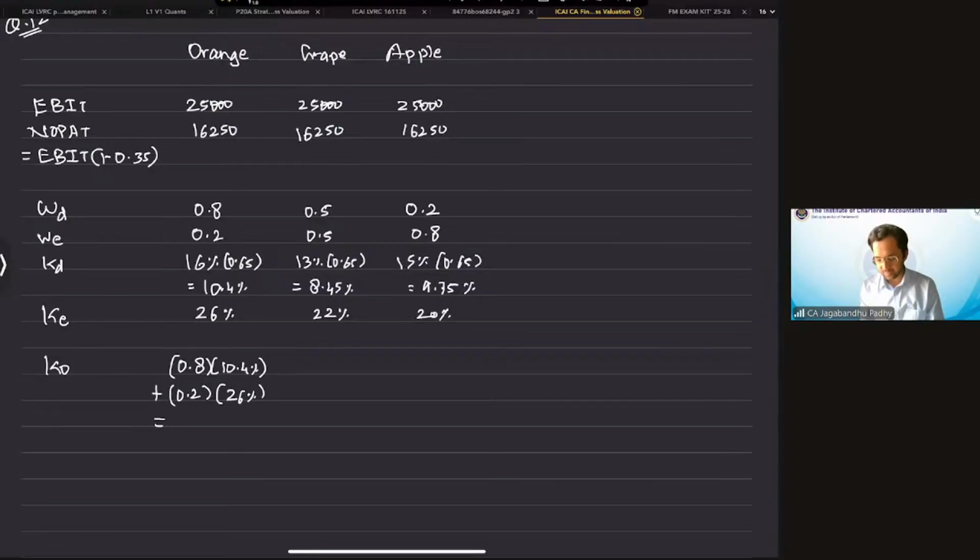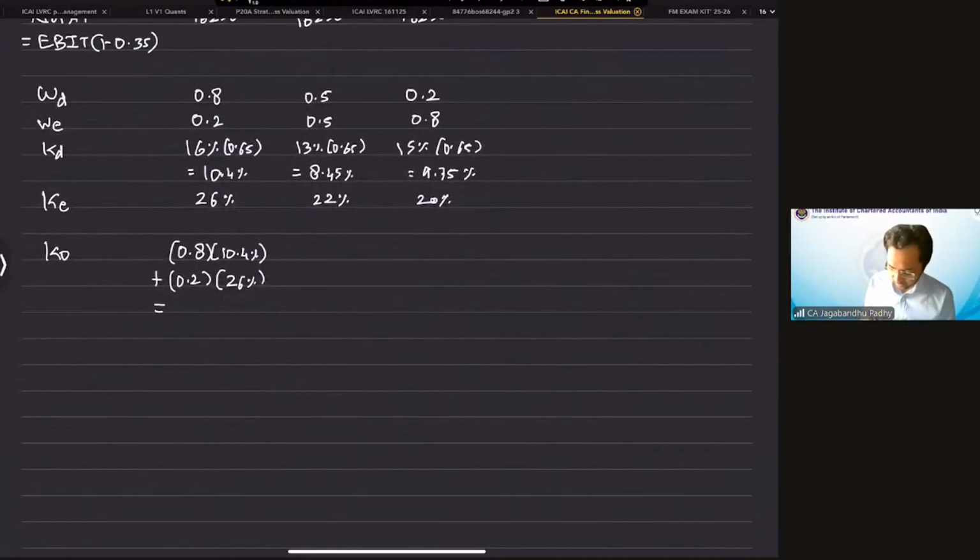0.8 into 10.4 plus 0.2 into 26% gives 13.52%.